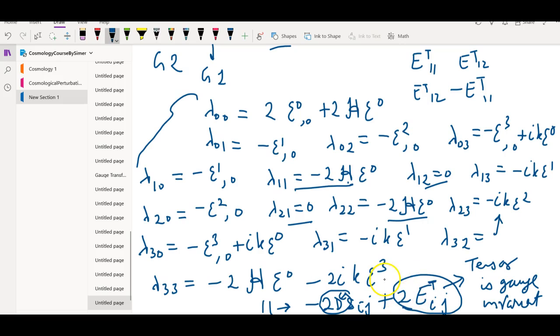So we have the scalar part coming from ET which is combined with D, and the new scalar transformation values which are generated will also be combined to this scalar part here, and the tensor part is gauge invariant.